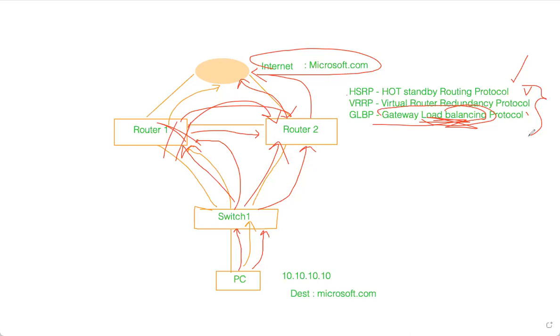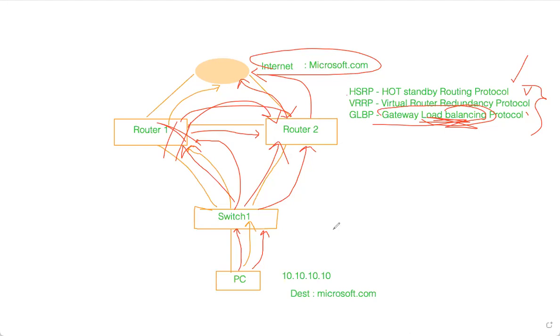Internet control protocol, I never heard of that. Wild guess, but that's fine. Anyone else? Guys, you know this? Address resolution protocol. Yeah, who told that? Divya. Okay, thank you, Divya. Beautiful job. Address resolution protocol.